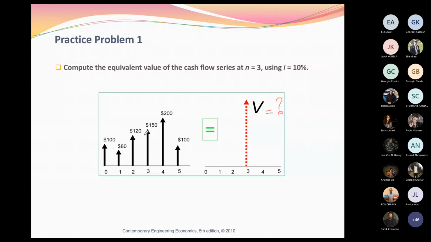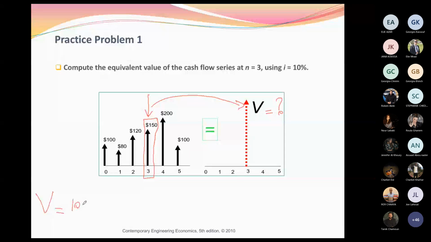What about the 150 at 3? We leave it. It remains the same. The value of $150 at end of year 3 remains the same. Everything before 3 will be compounded, everything after 3 will be discounted, to end up with a nice expression of V.